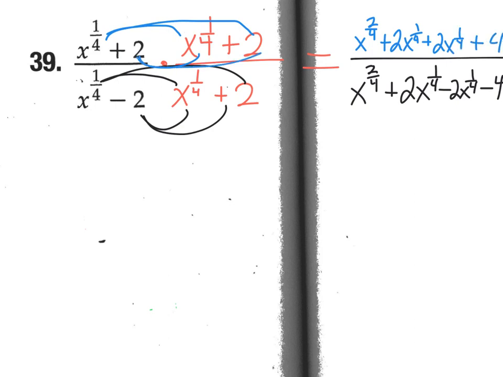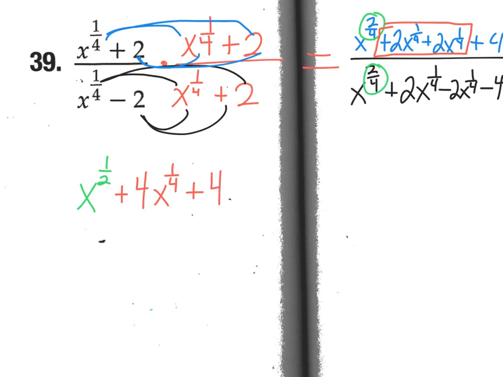To clean that up, I recognize that these fractions can be reduced, so up top I get x to the 1/2. If I combine these like terms, they are like terms because they're the same base raised to the same exponent, I would get 4x to the 1/4, and then the plus 4 up top.